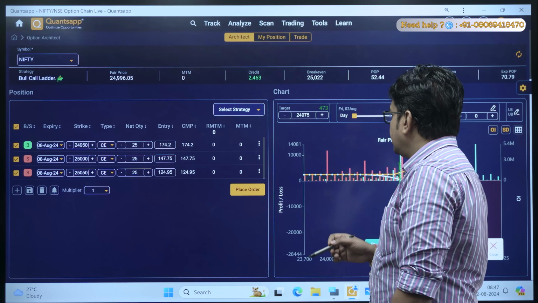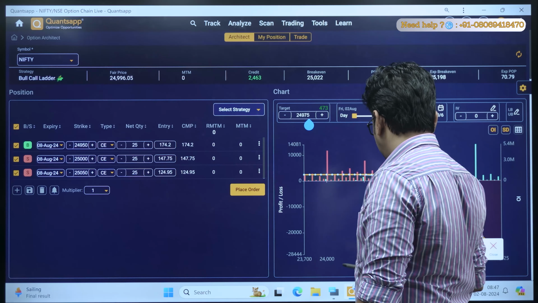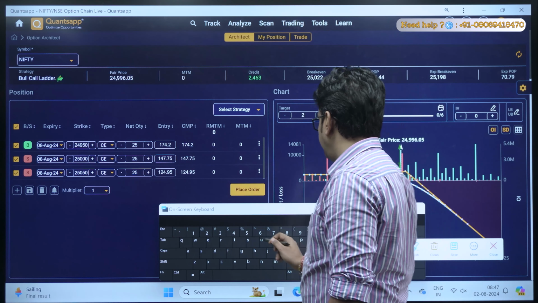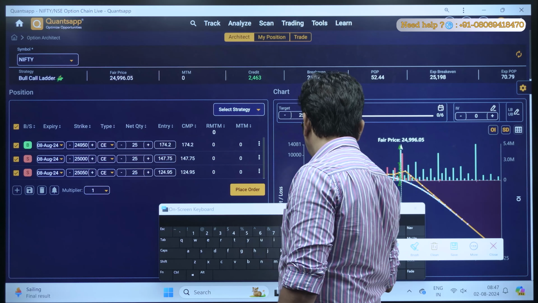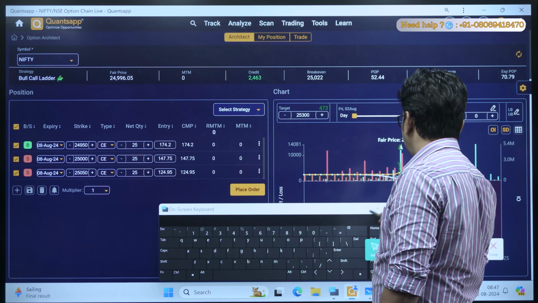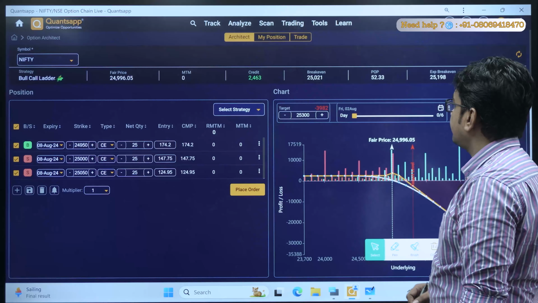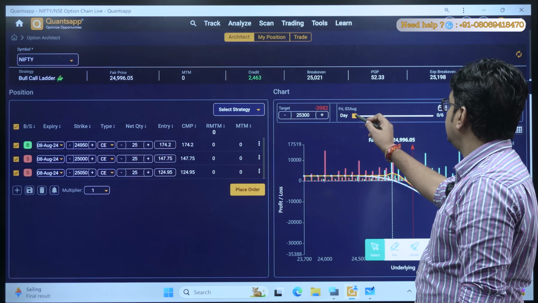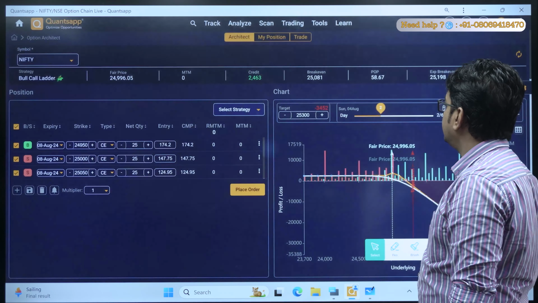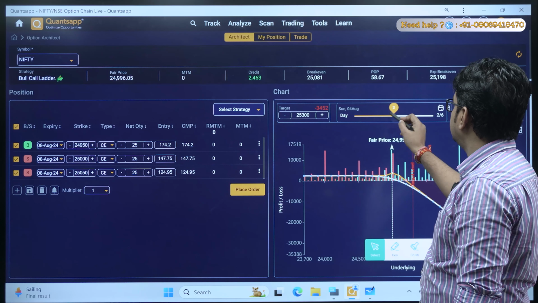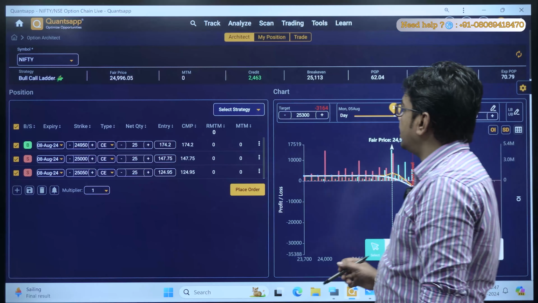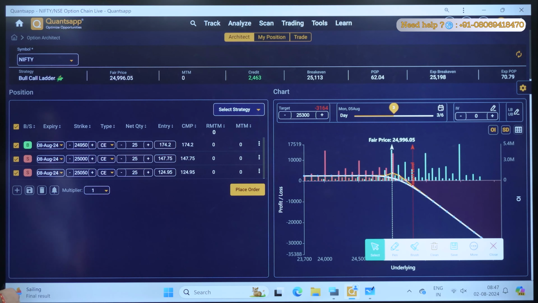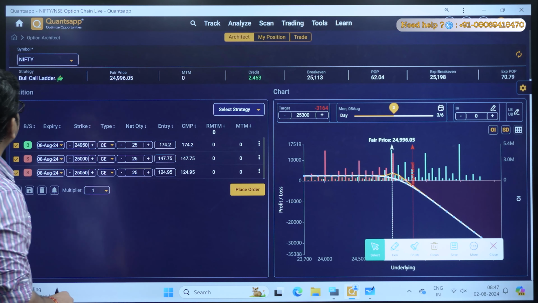Now let us consider the Nifty has moved to 25,300, in 3 days. I am here taking bull call ladder.